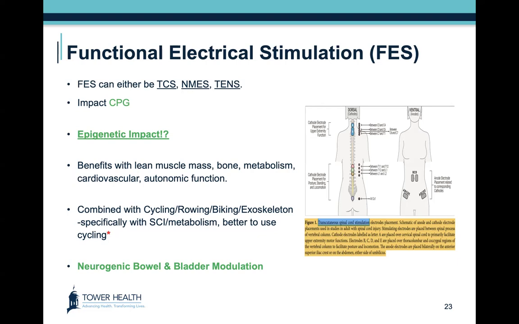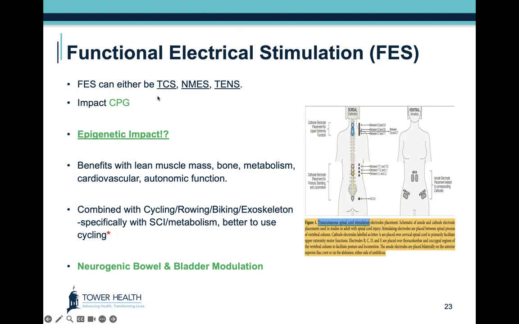A lot of the time, if your goal is motor recovery, you're going to put it directly over the spinal cord, right? So that's going to be transcutaneous. With neuromuscular electrical stimulation, let's say you're trying to preserve muscle bulk, you'd put it on your quadriceps to preserve the bulk and the lean muscle that's going to be there. So that's an important distinction to make.